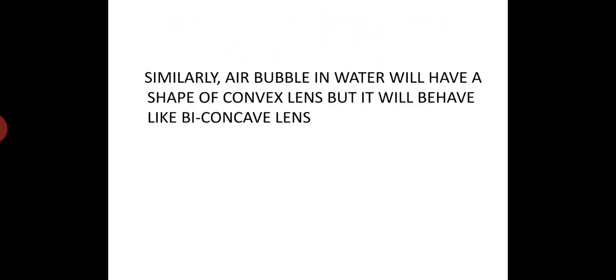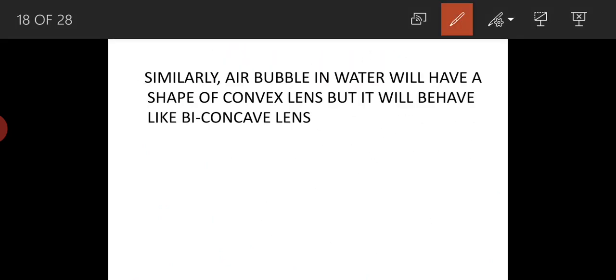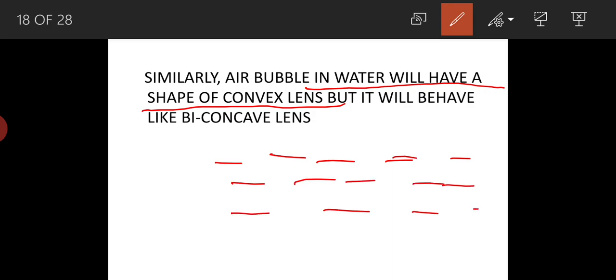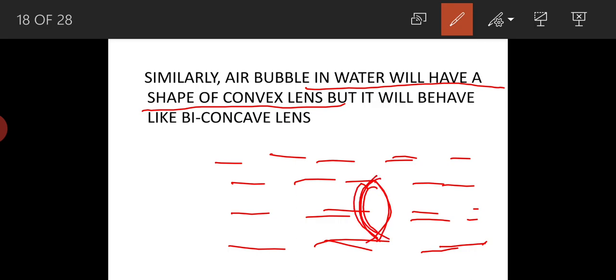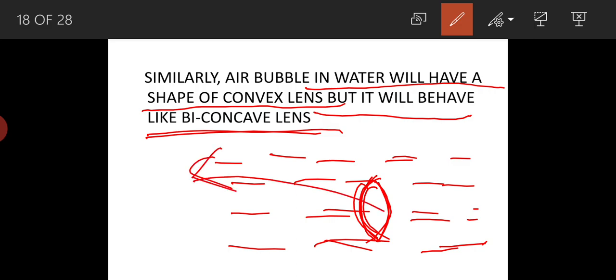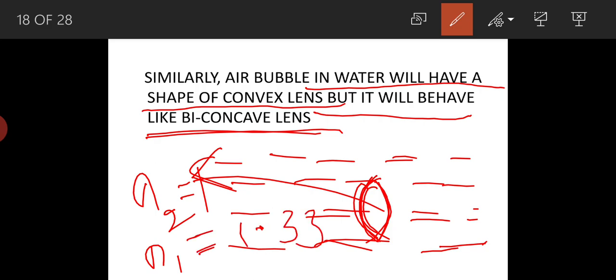Similarly, an air bubble placed in water will have the shape of a convex lens. We know that inside the water there will be air bubbles. In some cases air bubbles will form, and these air bubbles will have the shape of a convex lens, but they will behave like a biconcave lens, because the refractive index of this lens is n2 equal to 1, whereas the refractive index of the surrounding medium, water, is n1 equal to 1.33.